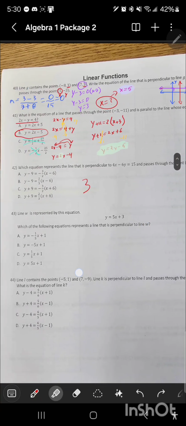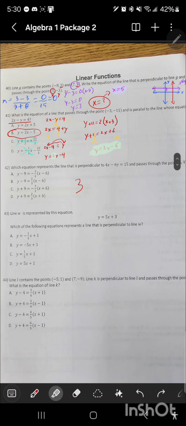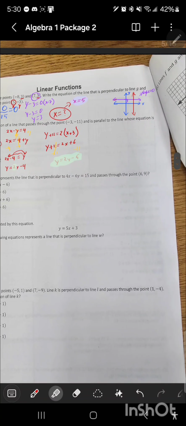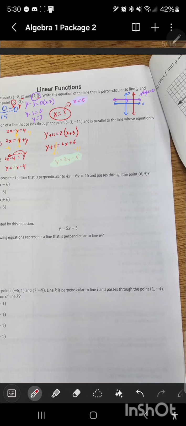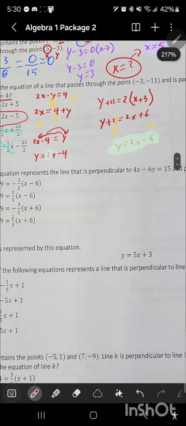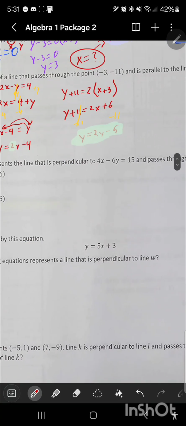Now, which equation represents the line that is perpendicular to the given line and passes through the point? As I mentioned, for a perpendicular line we need the opposite reciprocal slope. So first, we need to see what the slope of the line is.